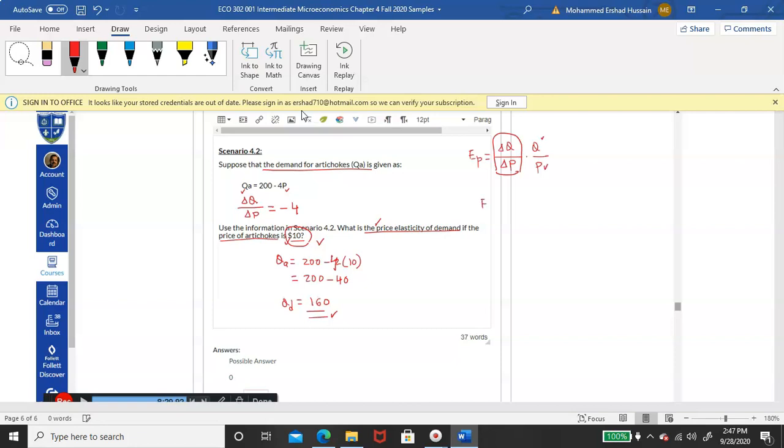We will now substitute minus 4, and then Q is 160, and P is how much? P we know is 10.